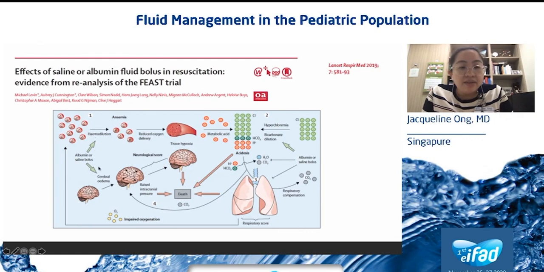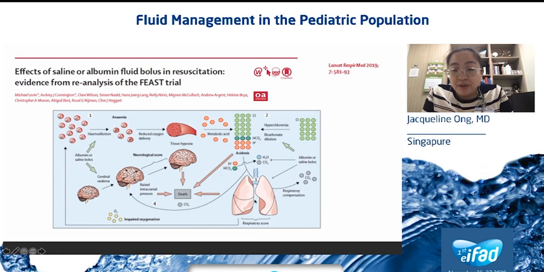They subsequently receive an albumin or saline bolus. This results in hypoxia and reduced oxygen delivery, which generates a metabolic acid. That, combined with the hyperchloremia from normal saline, results in more acidosis.